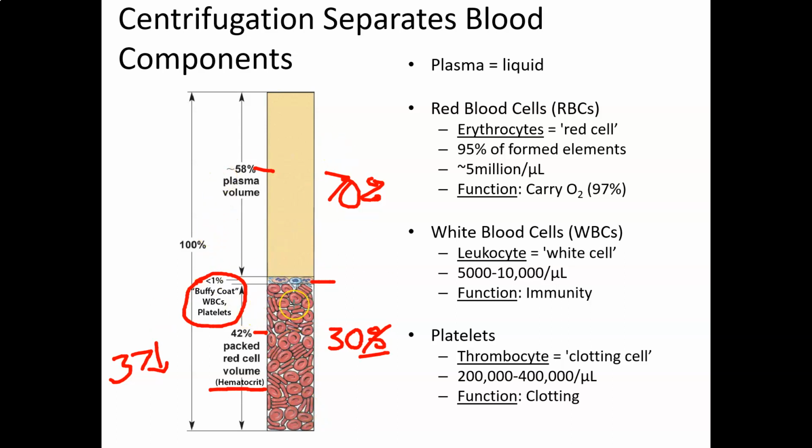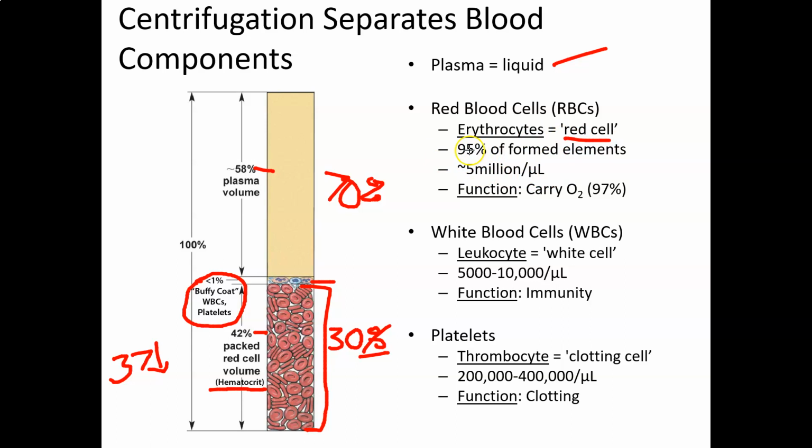So when we look at the whole blood here, there are a couple things we want to look at. Again, this top part right here is the liquid portion, that's plasma, and we'll talk in more detail about plasma in a minute. The hematocrit down here, from here to here, is hematocrit. We see all the red cells. Again, the red blood cells scientifically are called erythrocytes. That literally means red cell.